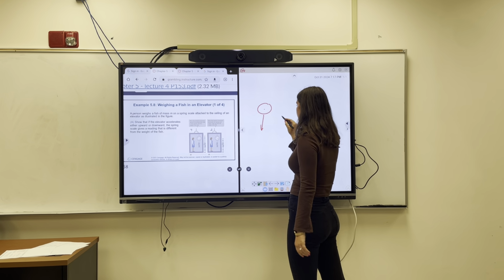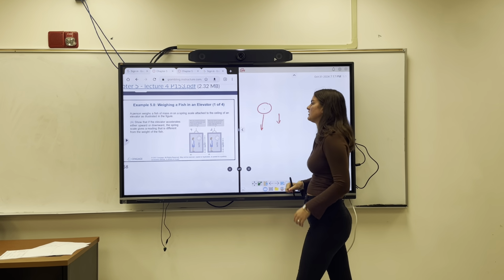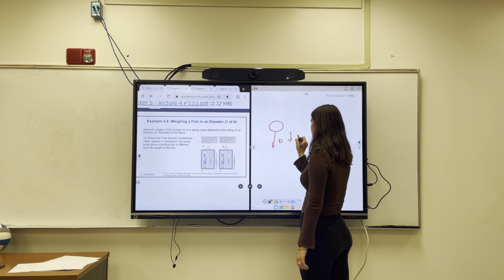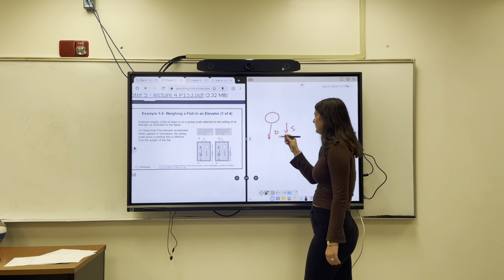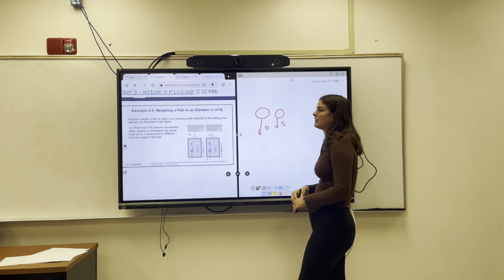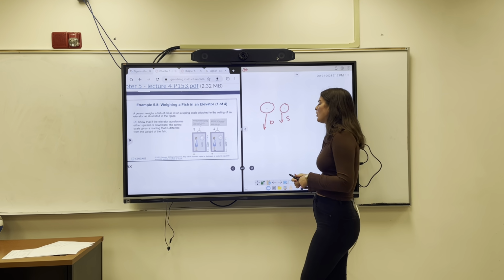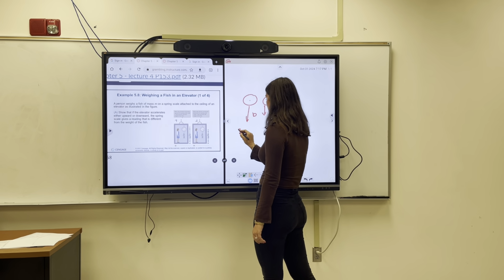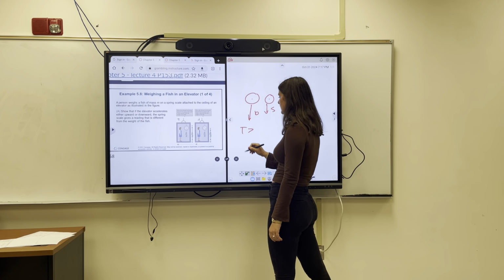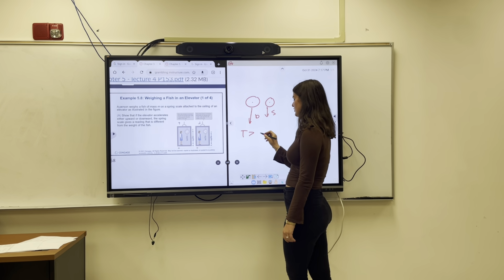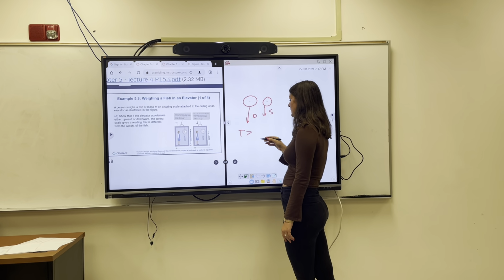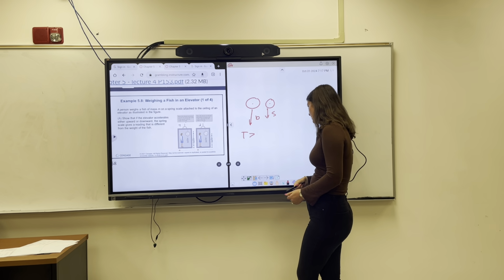But if the length is smaller, then the scale is showing less weight. So if the tension is higher, the weight is going to be higher, and if the tension is smaller, the weight is going to be smaller.